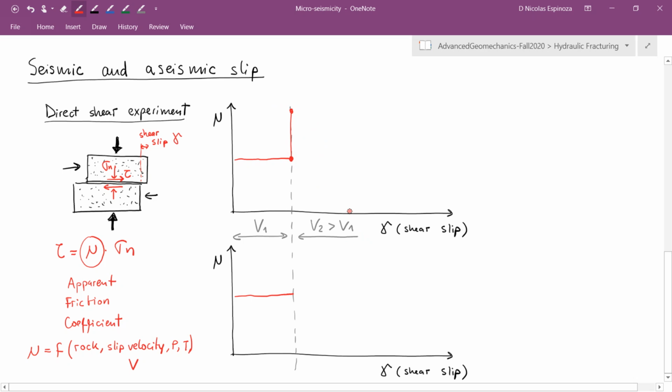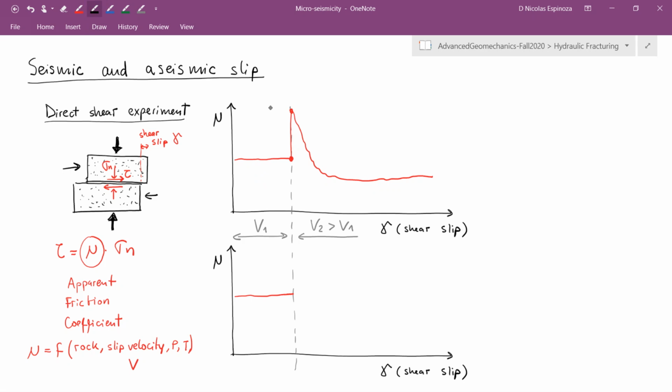But after the velocity and all the processes here stabilize and I go into a constant velocity v2, there are some materials that are going to show a response in which the apparent friction coefficient decreases with increases of velocity. So velocity v2 is larger than velocity v1, and at a stable velocity v2, the apparent friction coefficient is lower than at velocity v1.